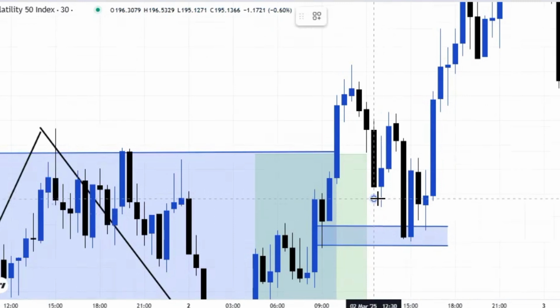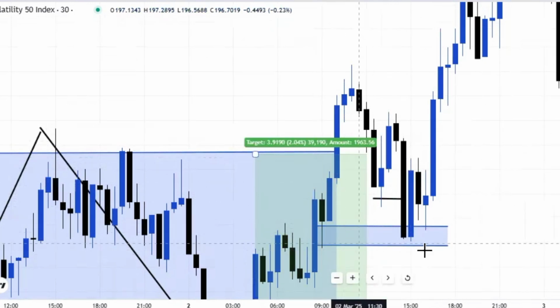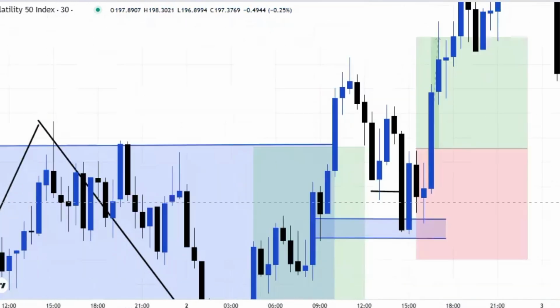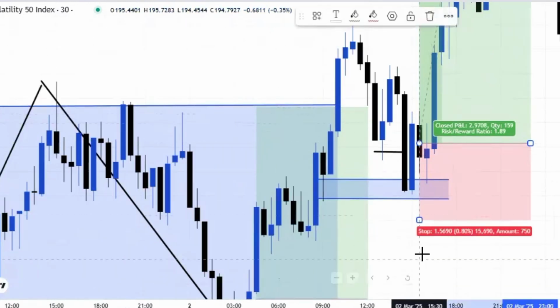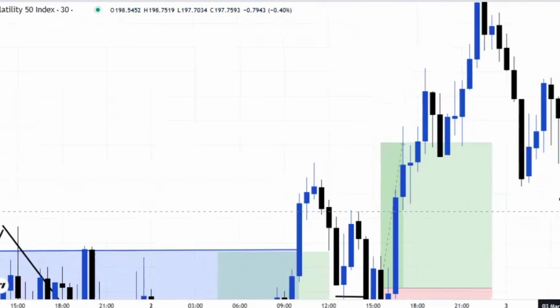You can see this was inducement, inducing the early buyers that couldn't wait. Price had to take them and came back to mitigate this other block, and the market had to create another move to the upside. So we find that price made a massive move.